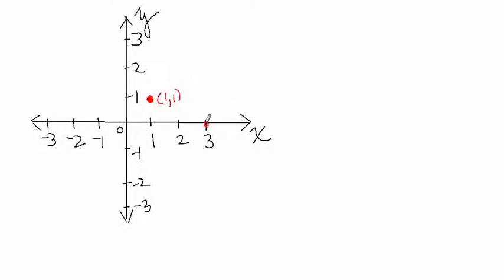Okay, let's do a couple more examples. Let me put another red dot somewhere on the plane. In this case it's right on the position marked with the number 3 on the x-axis, and it's just as high as the 0 position on the y-axis. So that one we're going to denote by (3, 0).